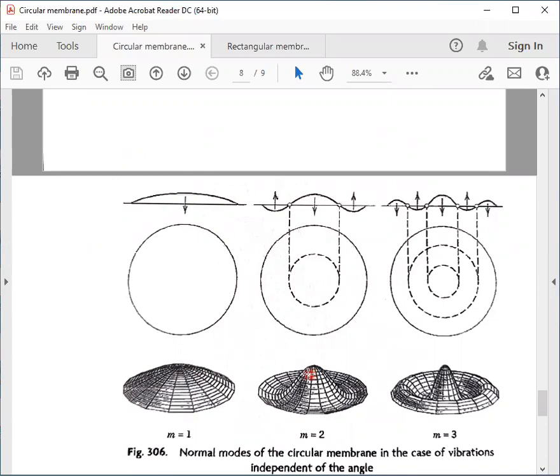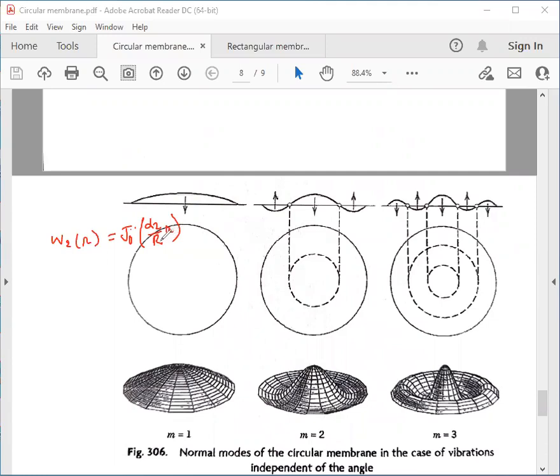The function W2(r), let me write it here, is equal to J0(alpha 2 by capital R times small r).